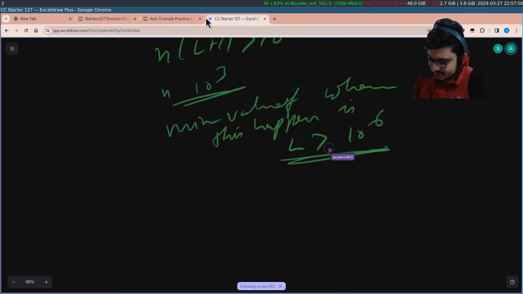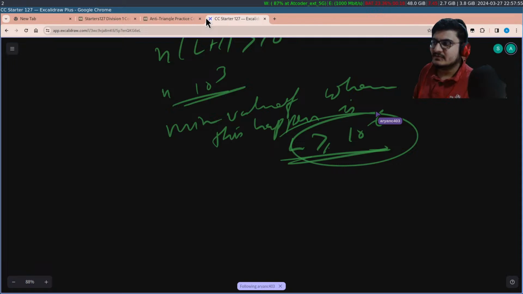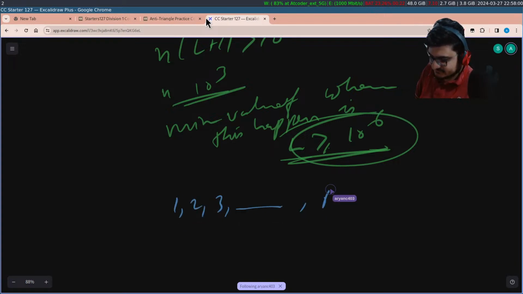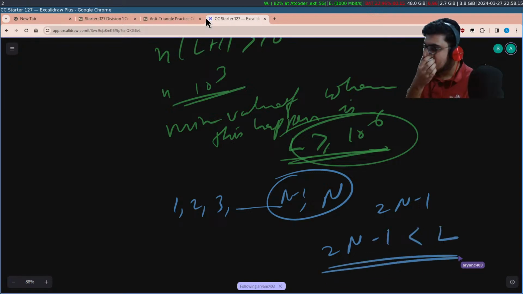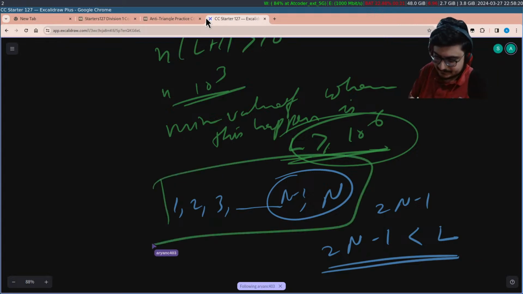I am taking some approximate values over here. What we can do in this case is, if you look at the numbers 1, 2, 3, 4, let's say we take these numbers. Then the maximum sum of any two numbers over here is 2n minus 1. So if 2n minus 1 is less than L, then we can directly print the numbers. This is one other solution over here.